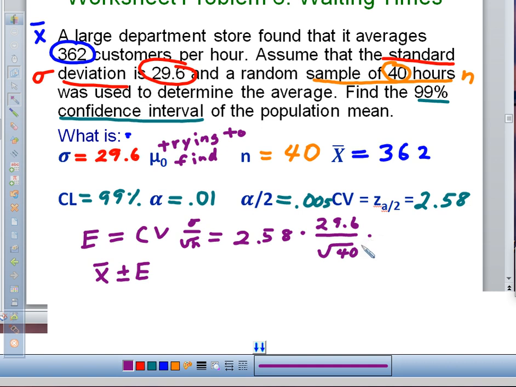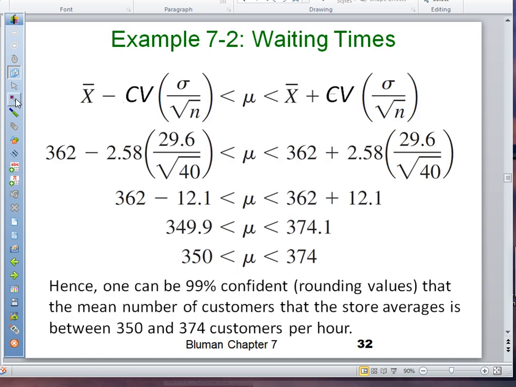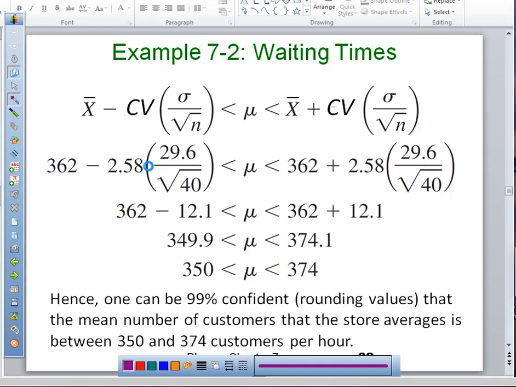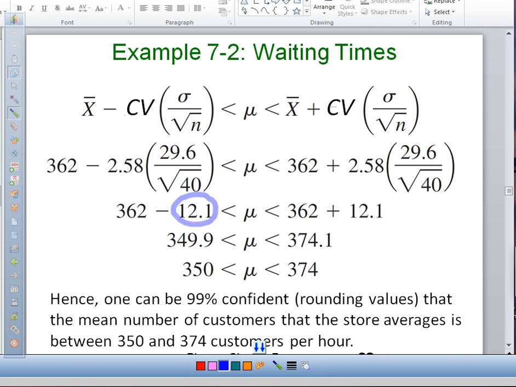So you will get something for that. Let's go down to the next slide. It should give you 12.1. So that should be what you end up getting for your error.